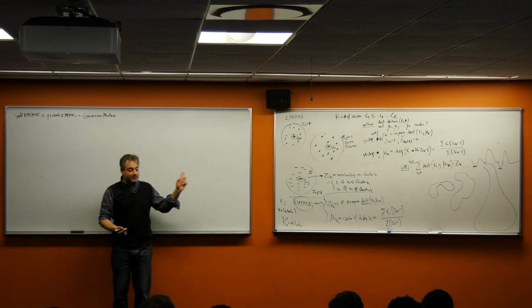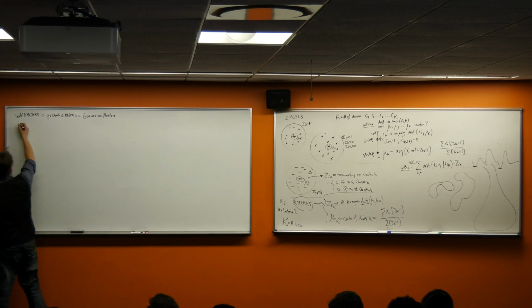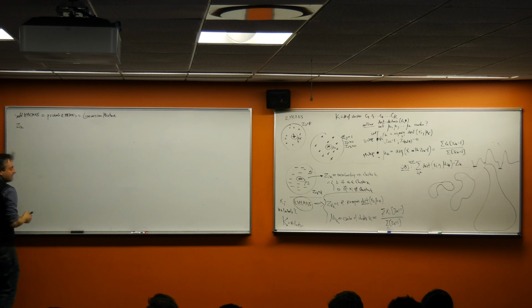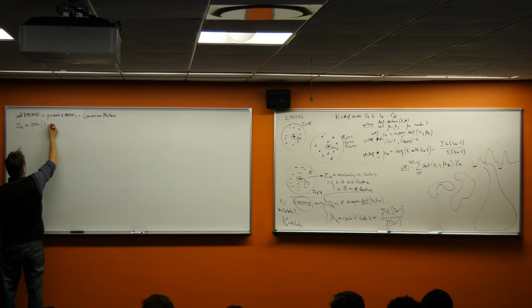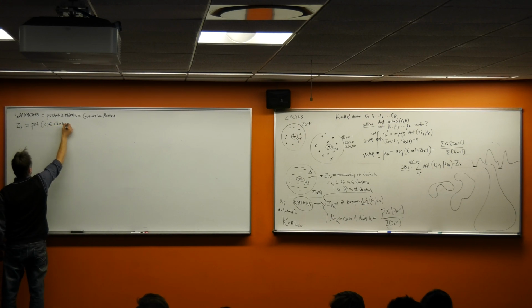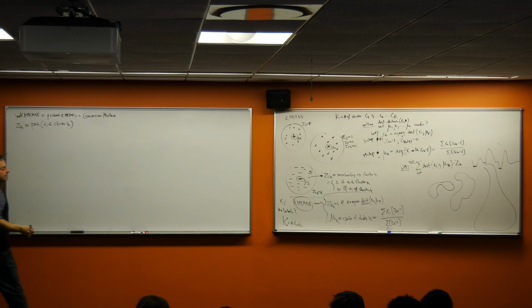So we want to do the same thing, but Zik, instead of being hard 1, 0, black or white, now it's going to be what? The probability that xi belongs to cluster k. So it's not the 1, 0 thing anymore. Yes? For all clusters. Right, for any i and any k.